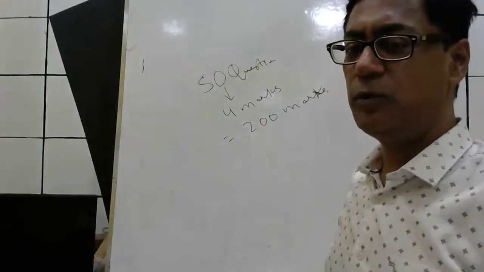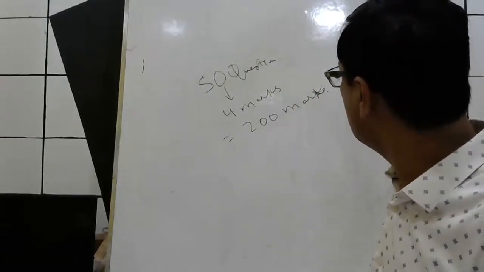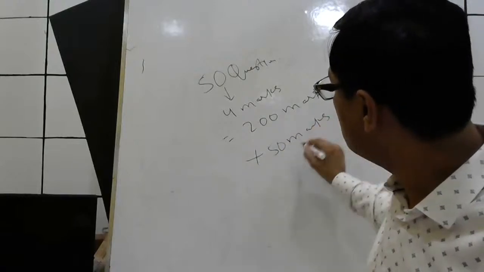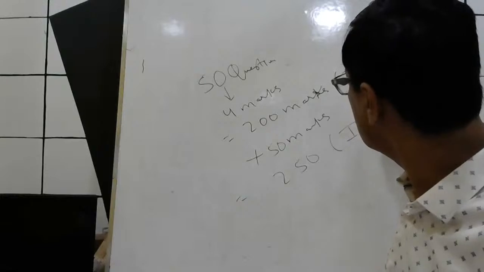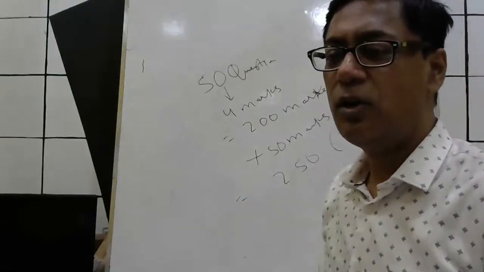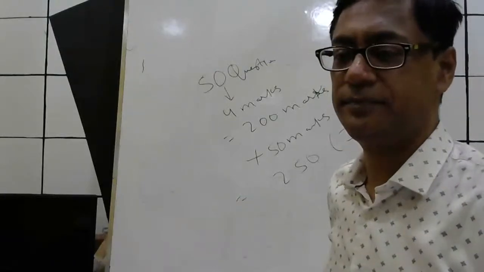Now, this is your raw score. You add 50 here, 50 marks, and this becomes the IQ score out of 250. Am I clear to all of you? Okay, this is page number 189.